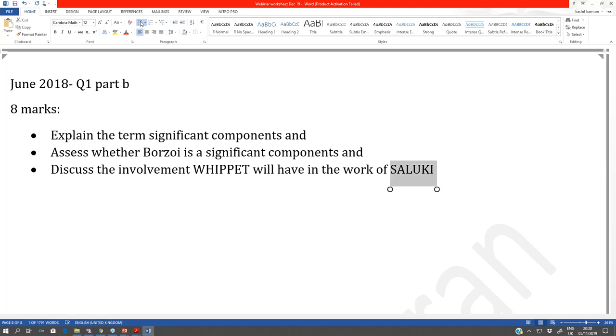Now we know Saluki is a component auditor who is looking after Borzoi, and Whippet is the group auditor.